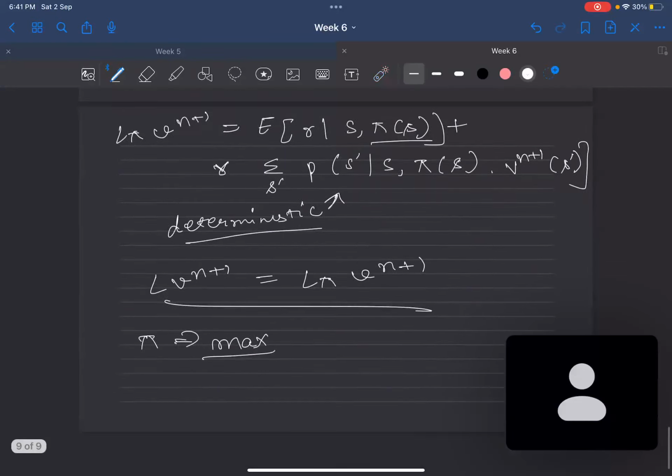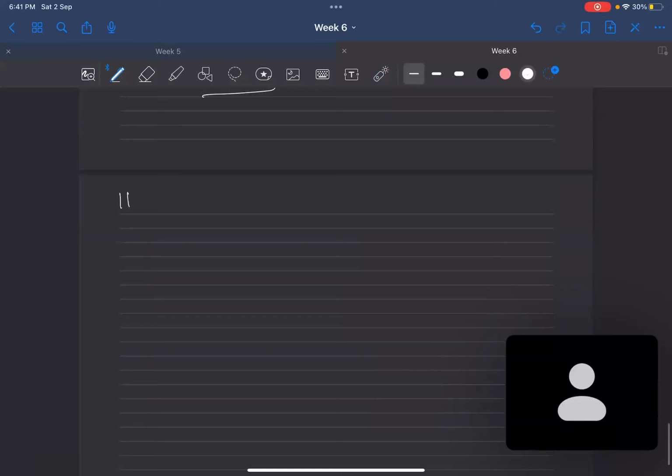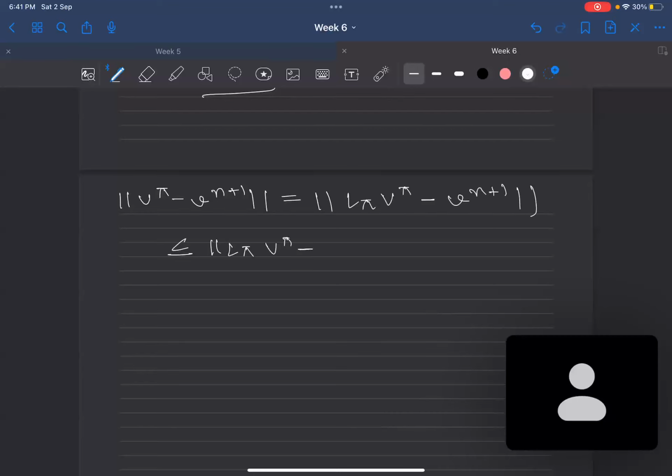So now let us proceed to here, V pi minus Vn plus 1. Why can I write V pi as L pi of V pi? Fixed point. It is a fixed point. Now, again, I'll apply the triangular inequality.